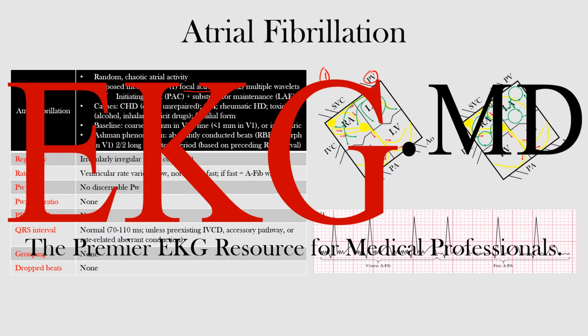So if you look here on our right, we have this second one called the multiple wavelet mechanism, where you can see these multiple circular wavelets forming throughout the atria, all going in and out of each other and continuously causing these micro-reentry wavelets going through and about.